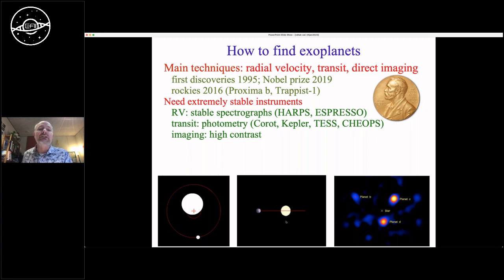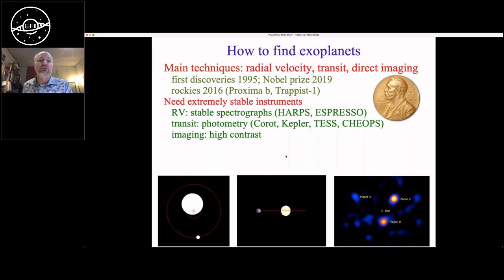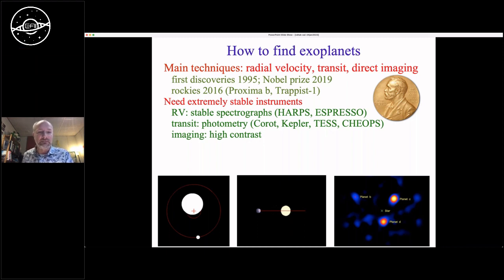Again, very stable conditions are needed, and this is best done from space. The Corot and Kepler missions were important around 2010 doing this, and these days the TESS and Cheops missions are doing the same thing much better from space, and further missions are planned. For imaging, as I mentioned, high contrast in the image is needed, and this is work in progress.